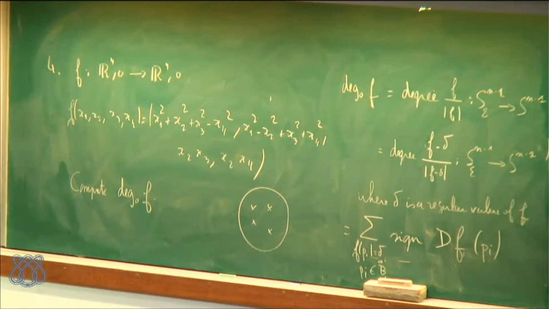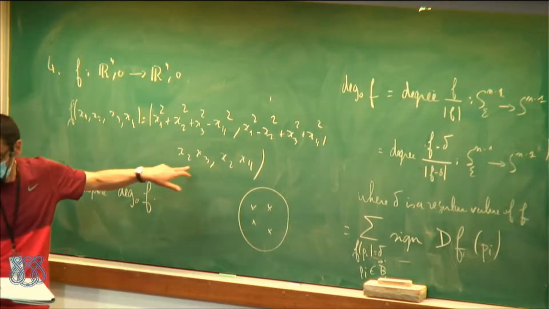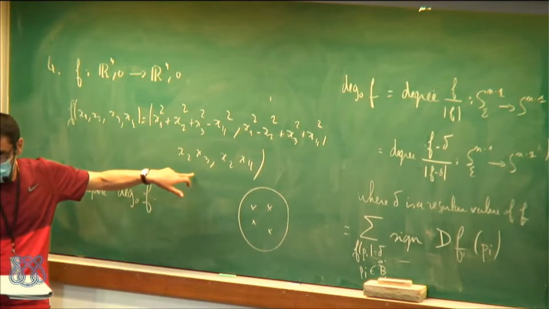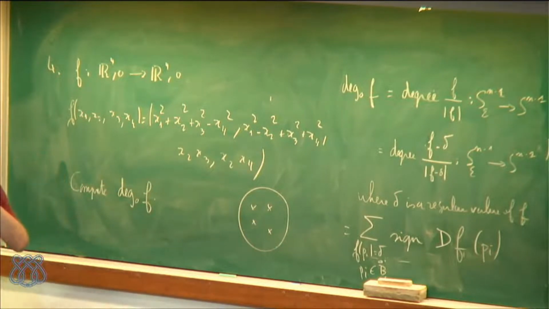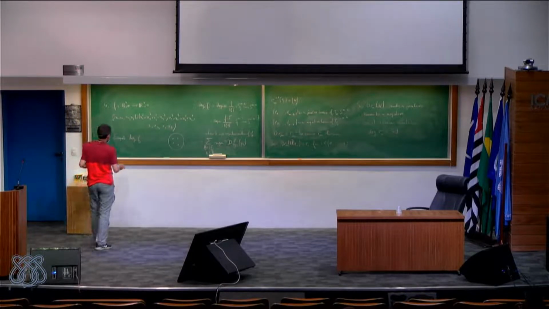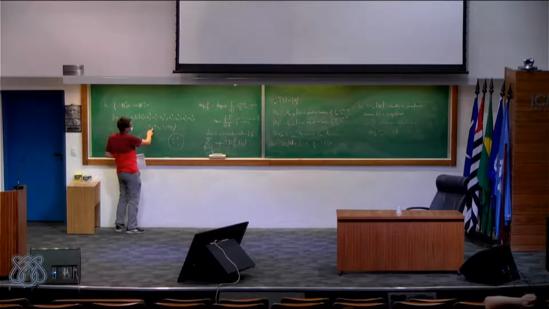So which regular value delta can we choose to get something easy? When you have a product here, what can we put to simplify it for the last coordinates? The idea here is to put a 0: x2 x3 equal to 0, x2 x4 equal to 0. So either x2 is 0, or x3 or x4 is 0.